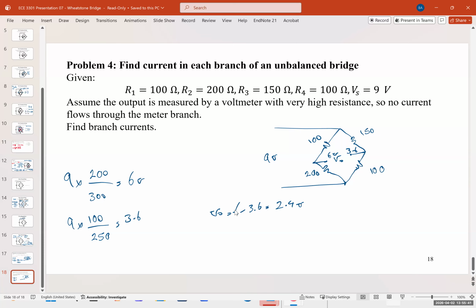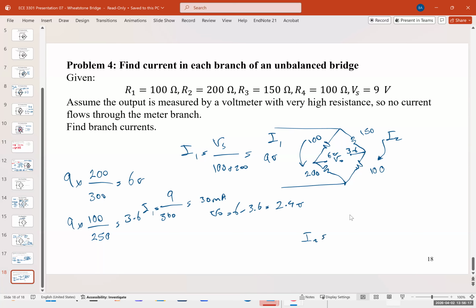Now, if they were connected, we want to find the current passing through this one, and then the difference between them would give us a current if they were passing. This current I'm going to call I1, and this one I2. I1 would be Vs over its resistance, 100 plus 200, so 9 over 300 gives us 30 milliamps for I1.